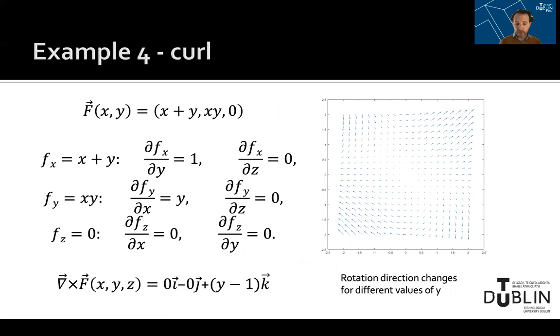If I put y equal to 0, well, maybe let's do y equal to minus 2. If y is minus 2, we should have some clockwise rotation. If y is plus 2, we should have an anti-clockwise rotation. As y changes, you change between clockwise and anti-clockwise. Also, the magnitude changes as well. The further you are in the y direction, the larger the magnitude of the rotation, the faster the rotation.